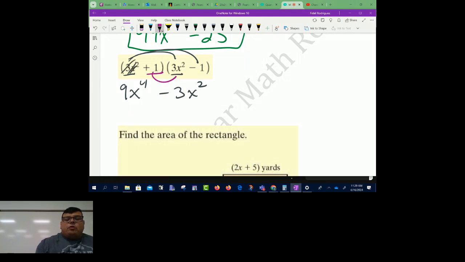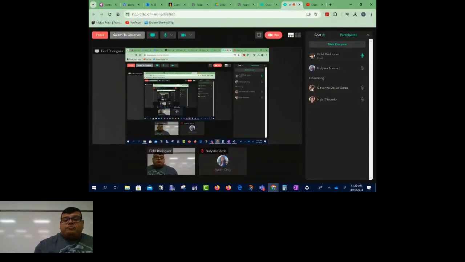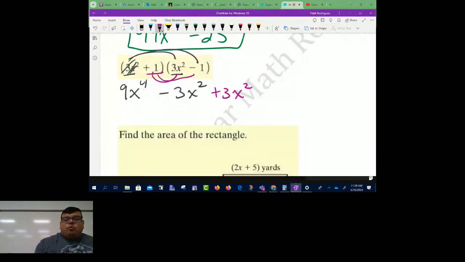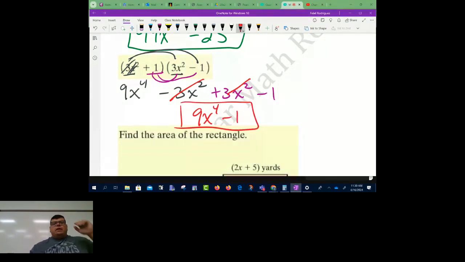Okay, now let's do the 1. 1 times 3x squared, still 3x squared. And then 1 times negative 1, negative 1. Y'all, it looks like our 3x squareds are going to cancel out. So we're just left with 9x to the power 4. Boom. And then minus 1.